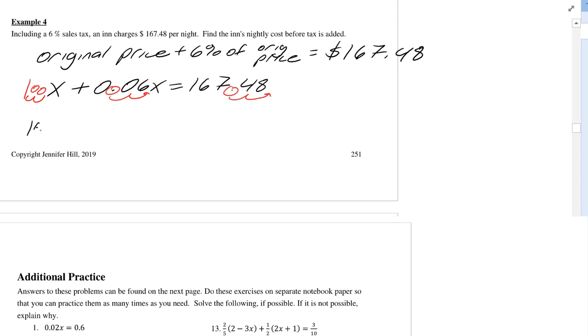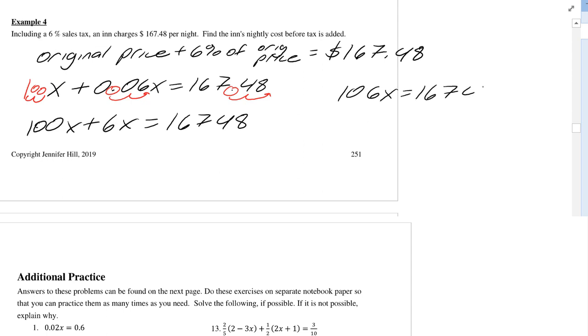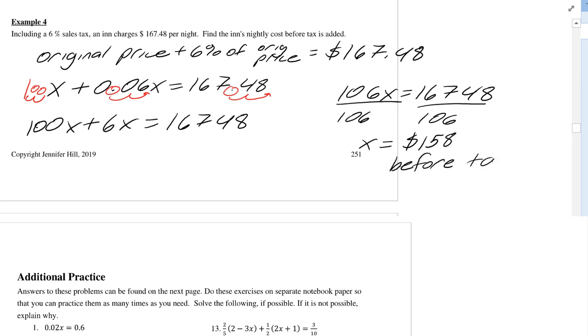So then I get 100x plus 6x equals 167.48. So now I've got 106x equals 167.48, and then I can divide both sides by that 106. And I will get that the price of the room was $158 before tax.